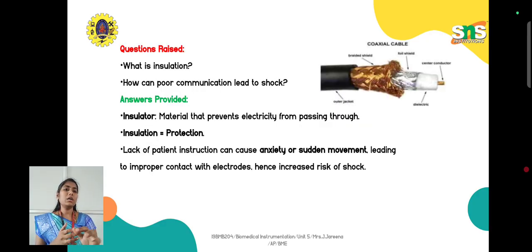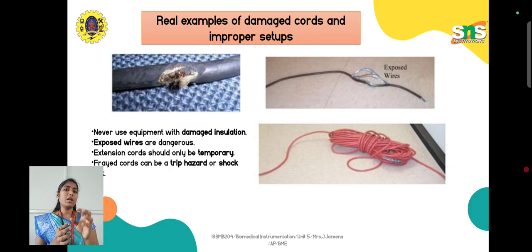So next we will be discussing real examples. Here I have pasted a few real examples of damage caused or improper setups of medical devices. This damage and these improper setups lead to a high risk for the person to get shocked.